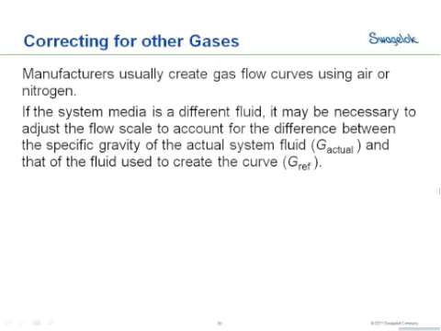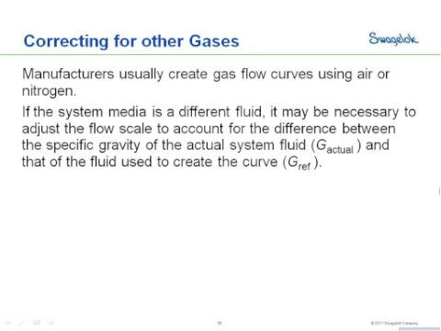When we first started talking about our flow curves, we said that the flow curves are usually tested using air or nitrogen. Well, the question would come, what if I'm using another gas other than air or nitrogen in my system? What we need to do is apply a correction factor for the other media if it's different than the media that the flow curve was tested with.